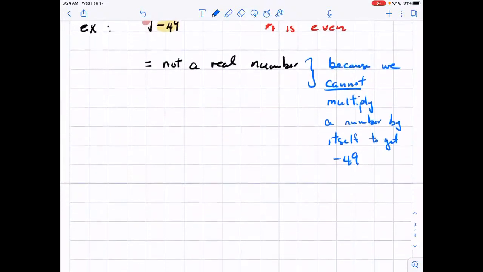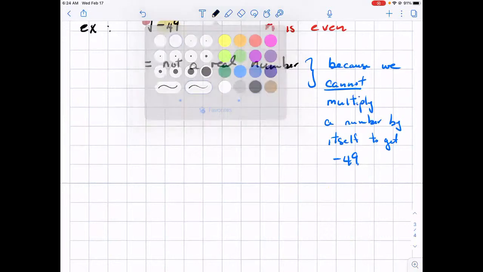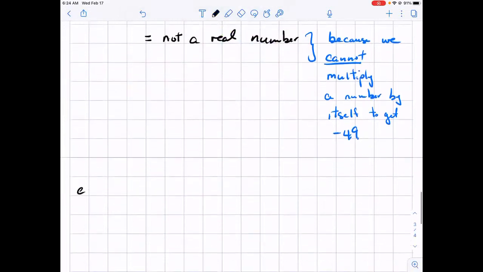On the other hand, if n is odd, then we don't have that problem. If n is odd, for example the cube root of negative 27, then this here is equal to negative 3.